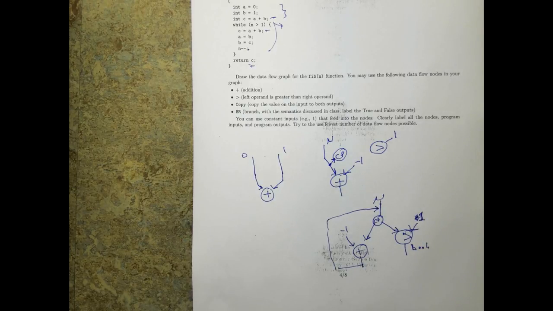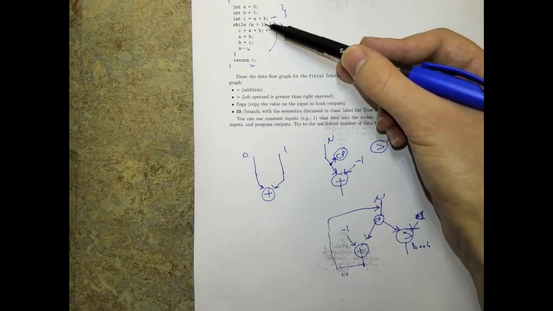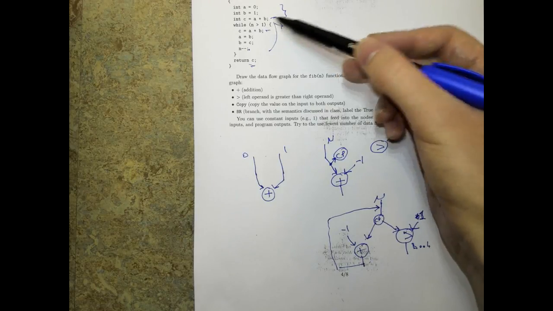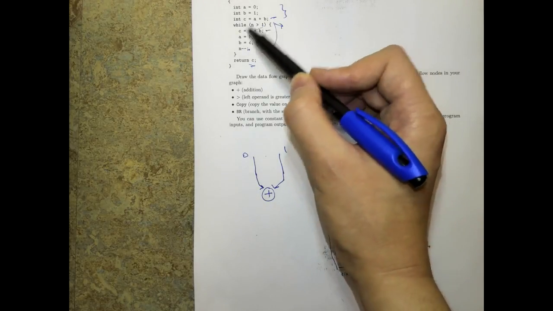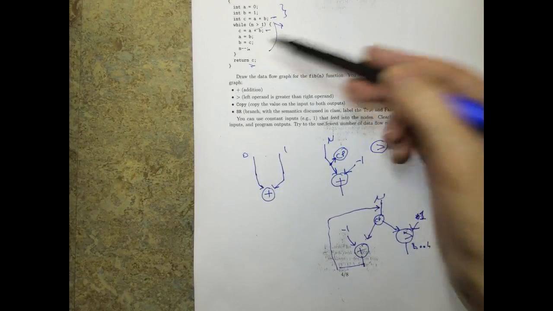And in consecutive iterations, the value here will be equal to the previous value minus 1, right? We connected it. And then it will be copied here to the addition node and the comparison node again. Okay, so we have this Boolean equation, right? So yeah, for every iteration, we have the result here. And then we will need to implement those operations here.